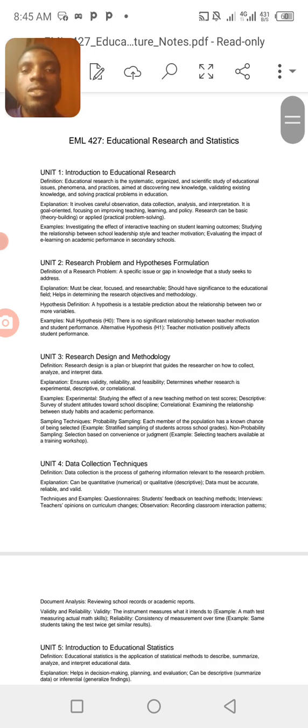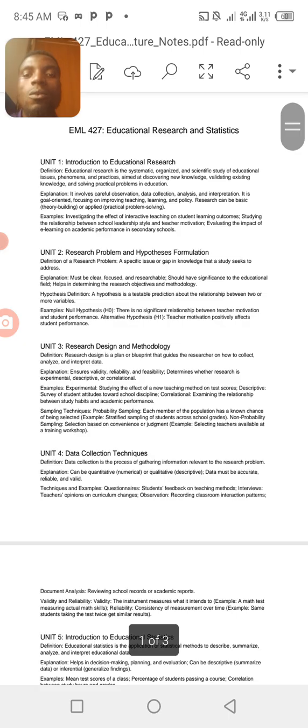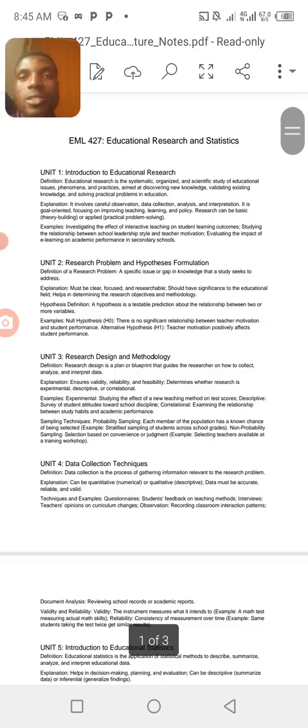So you see, research is very pivotal, or very necessary, when it comes to what we call educational evaluation or measurement of the standard in education.